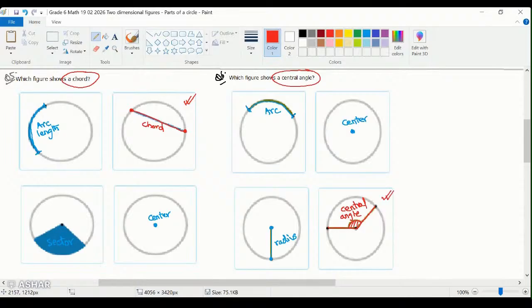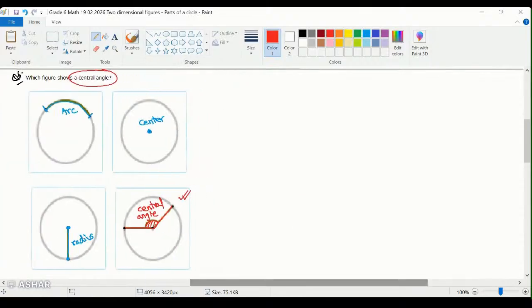Okay. Moving ahead for the next question. The next question says, which figure shows a radius? Okay, let's see.